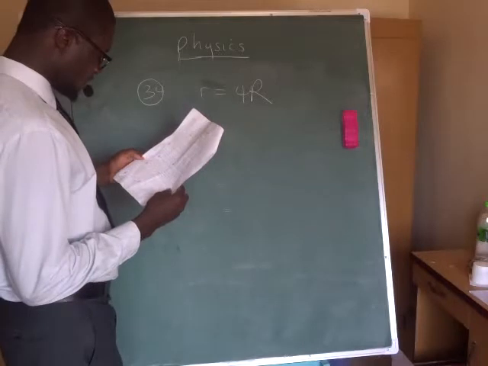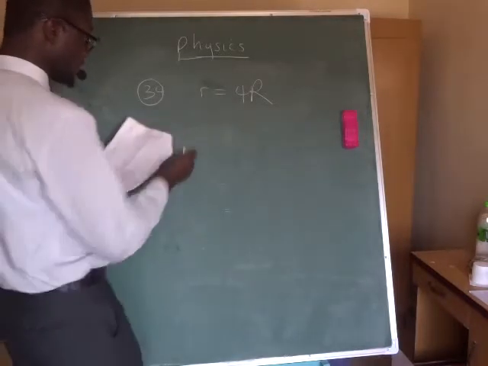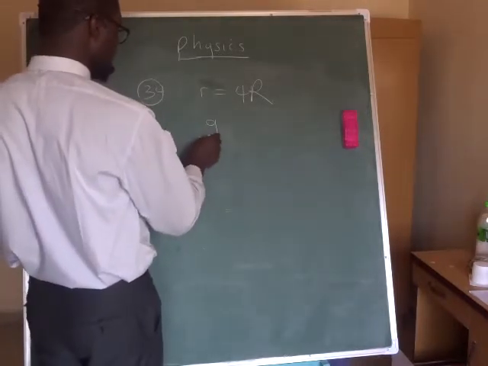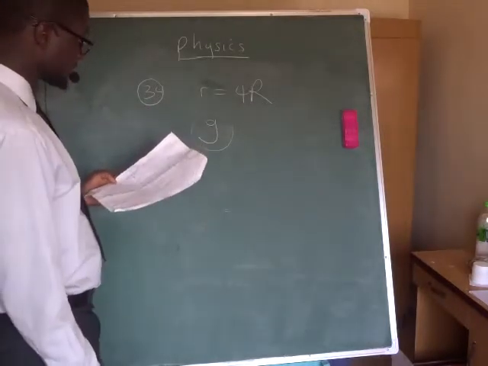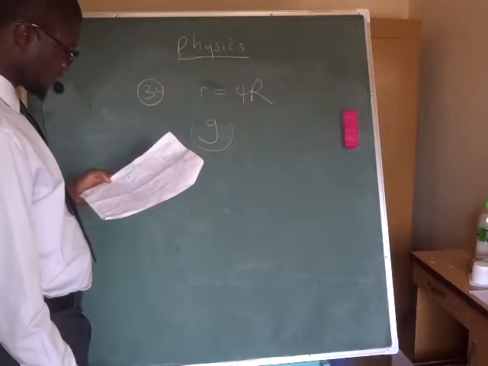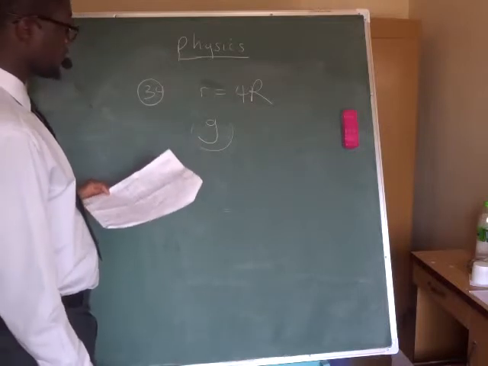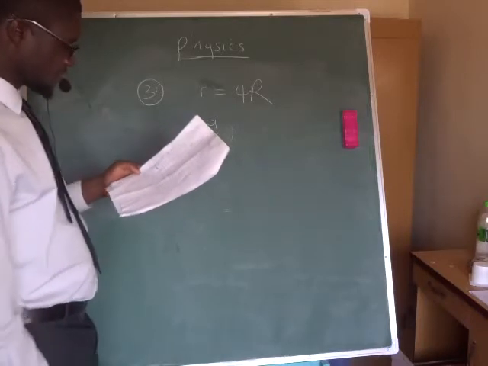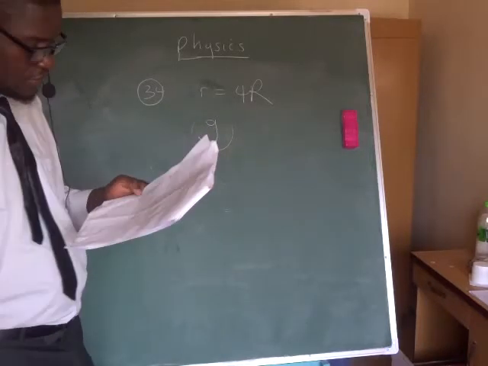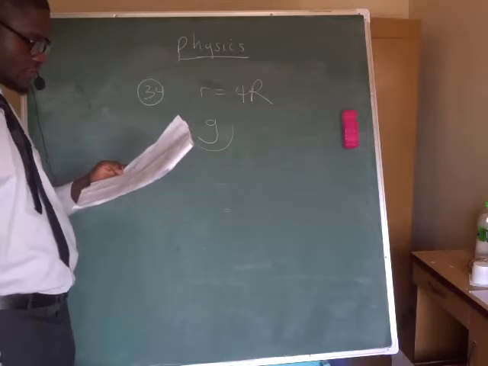They ask for the acceleration of the satellite in terms of g. The satellite moves in a circular orbit of radius 4R around the Earth. The acceleration of the satellite in terms of small g, that is acceleration due to gravity, is what?